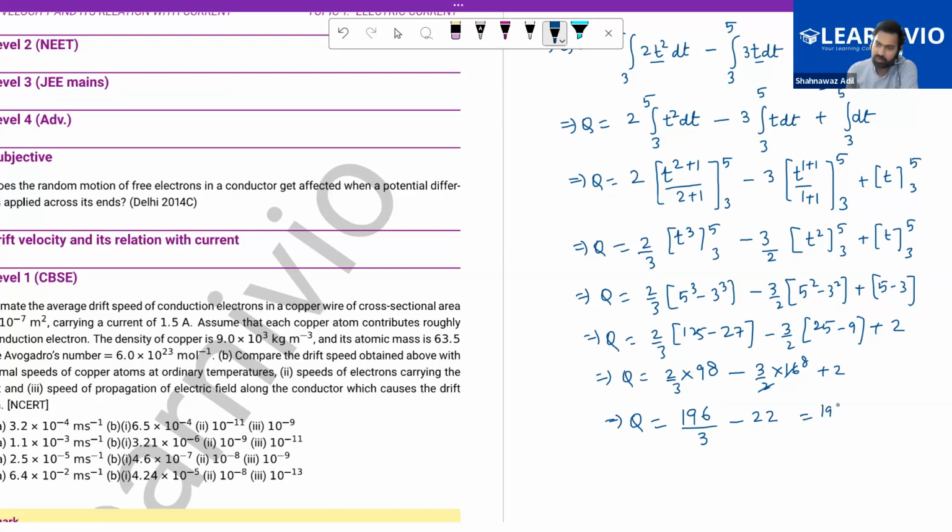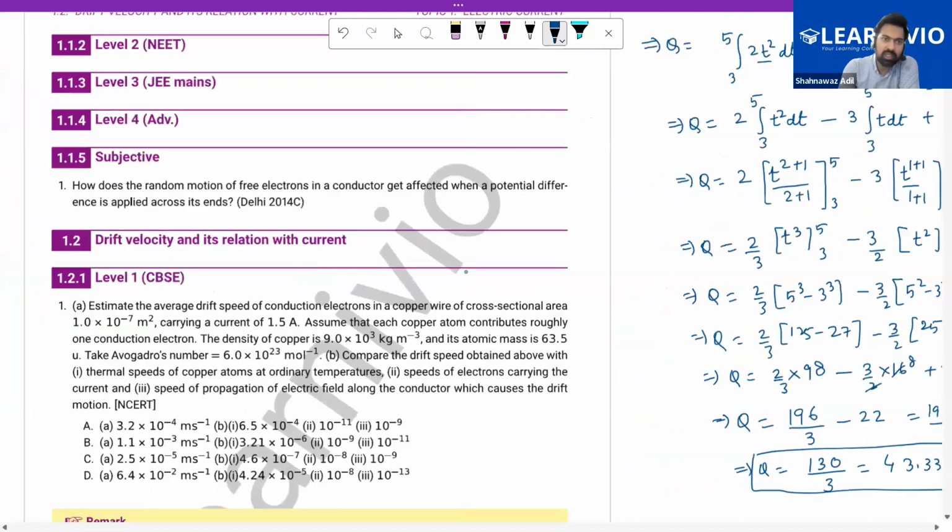So this is 196 minus 66 divided by 3, which is 130 divided by 3. This would be 43.33. This would be the answer.